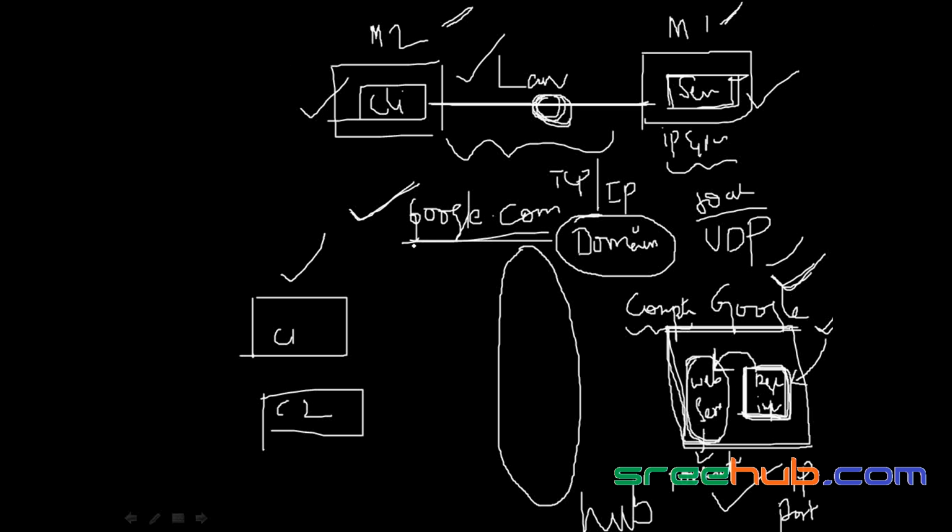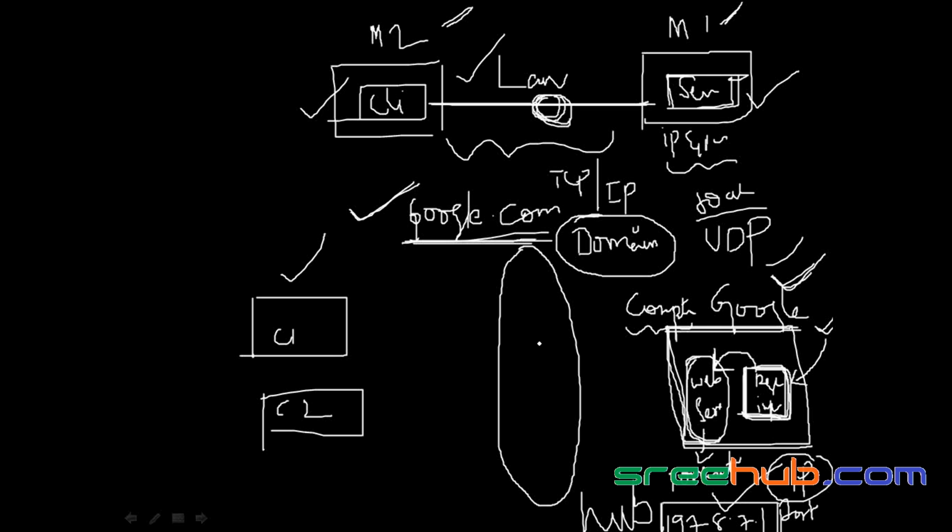Now, what happens here? I said it's google.com, which means the internet provider will register this IP with this hub. Let us say this Google machine's IP is some 197.8.7.1. So they'll make this a static IP. I've already explained what a static IP is. It will never change.